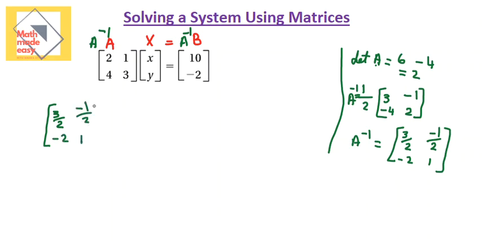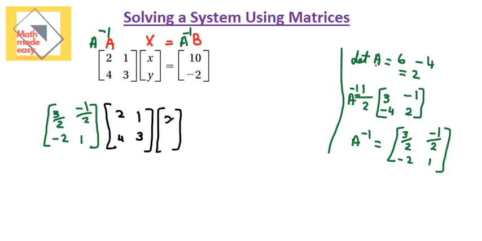So the inverse of A, then the coefficient matrix 2, 1, 4, 3, then the variable matrix x, y equals, remember, we put the inverse of A before A, we're going to put the inverse of A before B also. If you don't do that, you will have multiple problems: 3 over 2, negative half, negative 2, and 1.